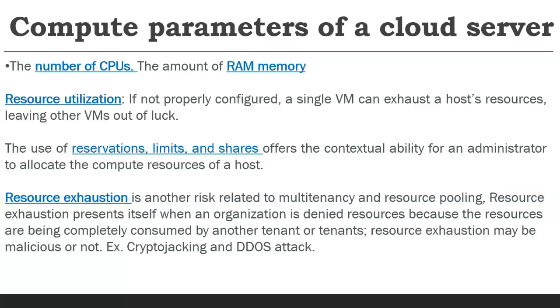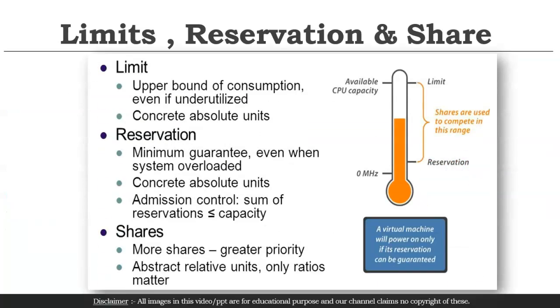Because of this, our auto scaling feature will keep adding memory and CPUs, which not only increases your billing but also creates a situation where other VMs will not be able to add resources. So to control these situations, we have reservation, limit, and shares. We'll cover them one by one.